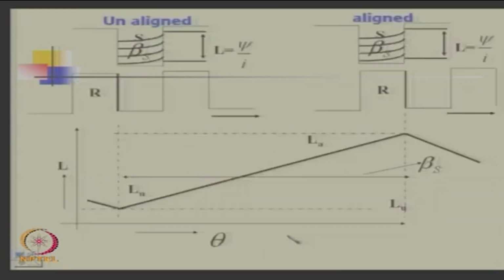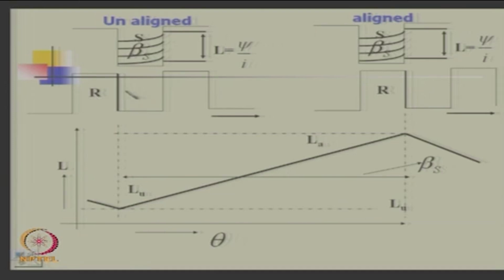What we are trying to say is, here is the rotor pole R and here is the stator pole S, where beta S is the angle of the stator pole and beta R is the angle of the rotor pole.